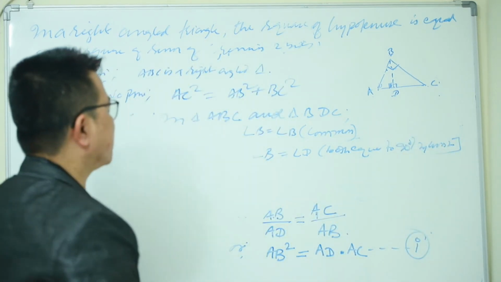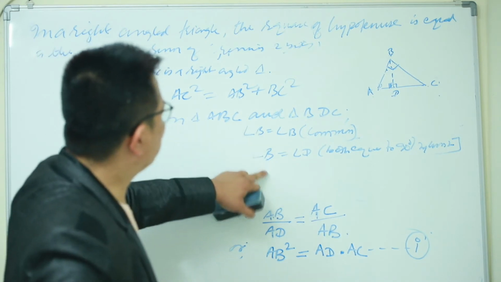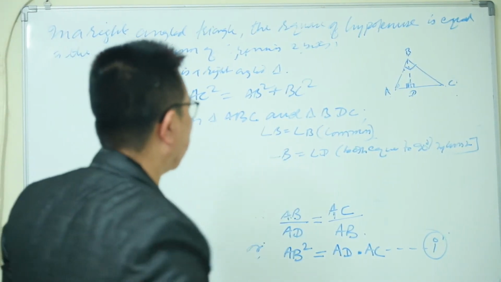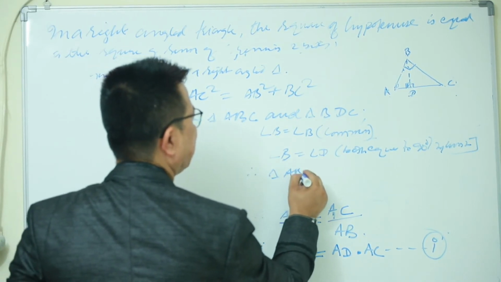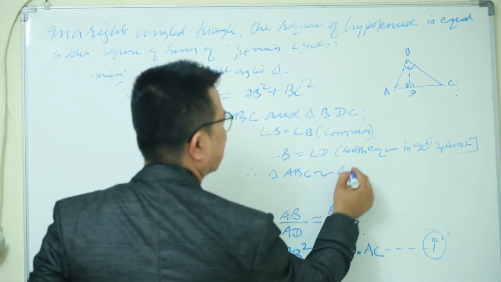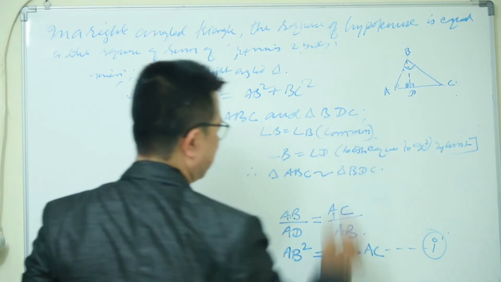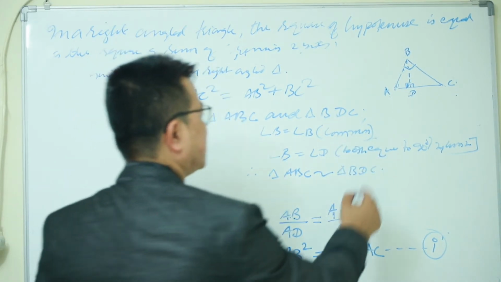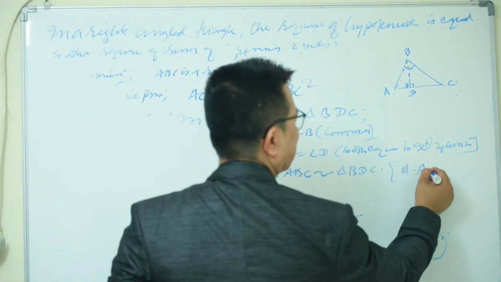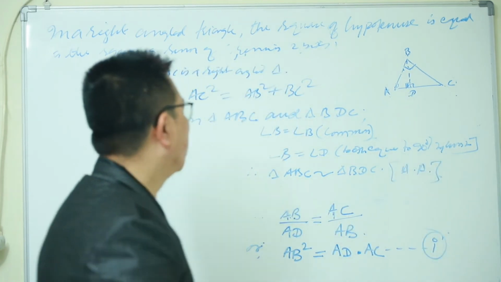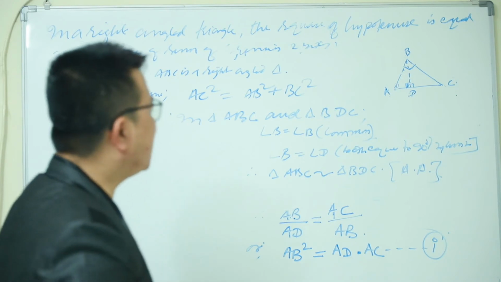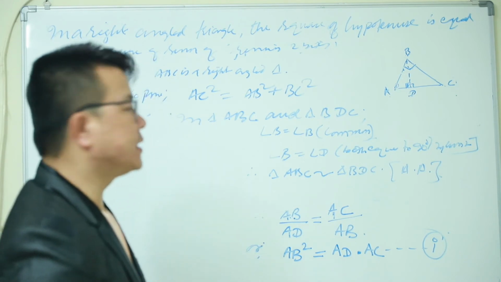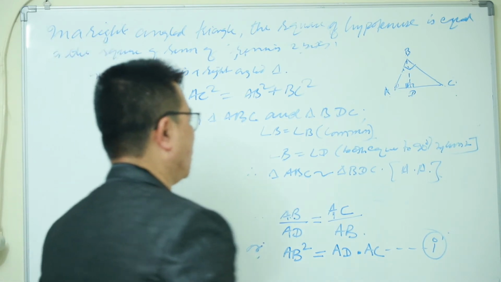Now, with these two criteria, these two triangles are similar. So therefore, triangle ABC is similar to triangle BDC. The reason is angle criteria.